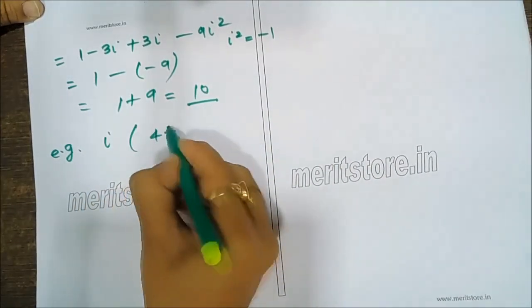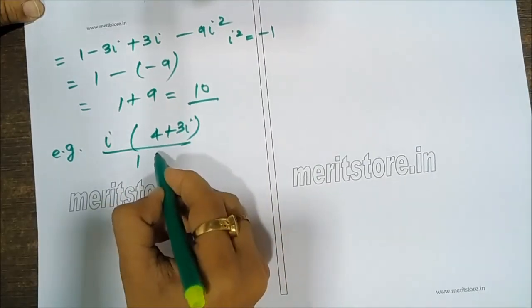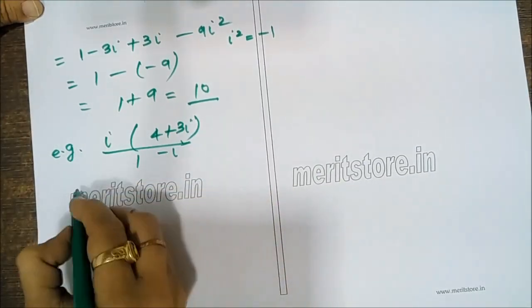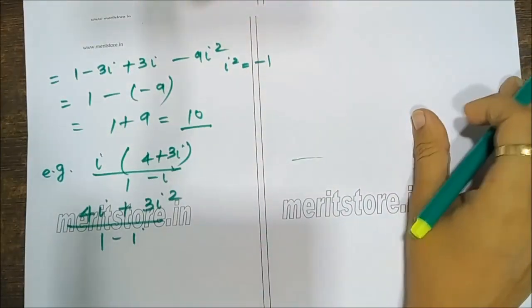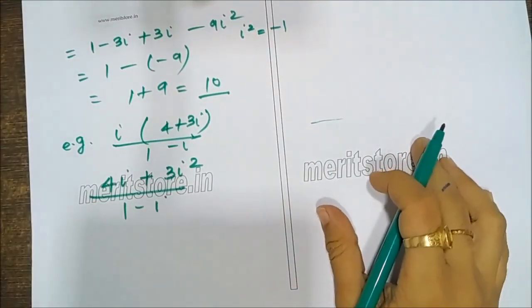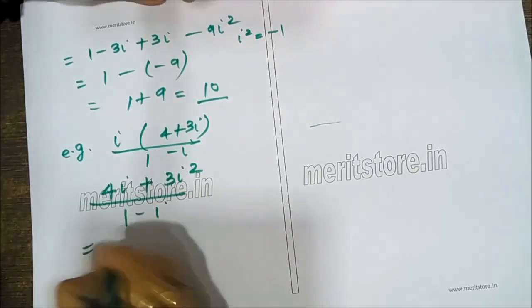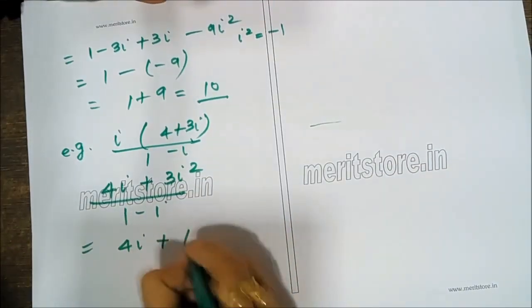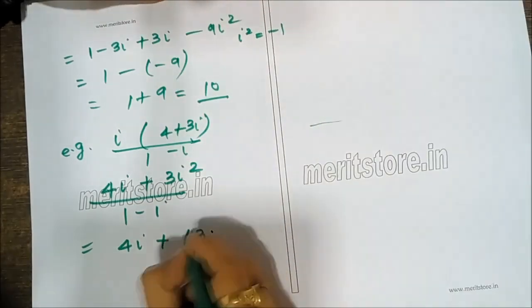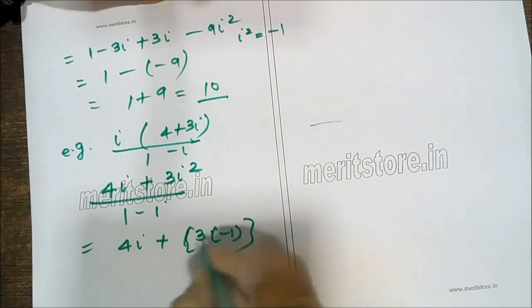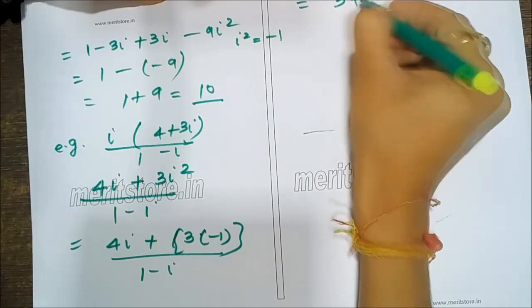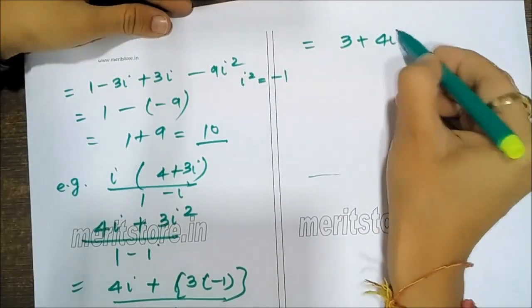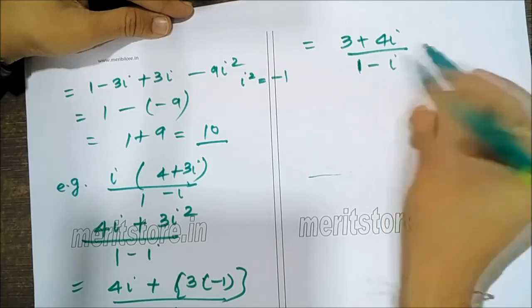Next, i into 4 plus 3i upon 1 minus i. First you will open the bracket, 4i plus 3i square upon 1 minus i. i square is equal to minus 1. The values were discussed. Upon 1 minus i. So you have the product in the form of minus 3 plus 4i upon 1 minus i.